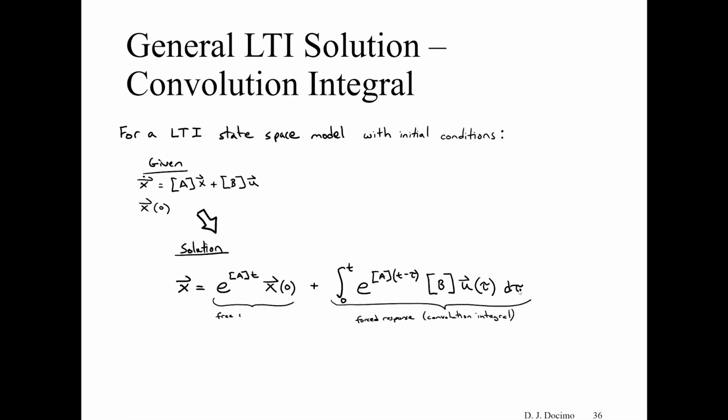This is our forced response, or the convolution integral. The other part is our free response for our system. And this is assuming that we're starting at t equal to 0. You need to make adjustments if you didn't start at t equal to 0.